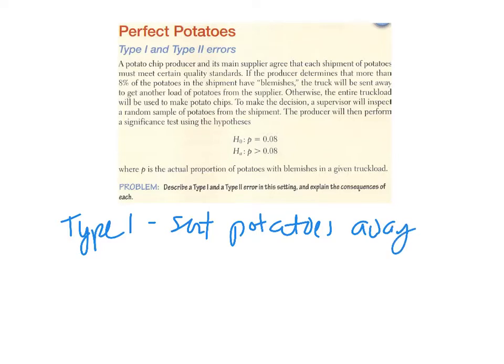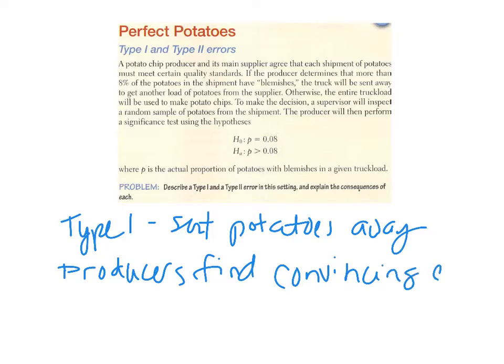Basically, if I'm rejecting the null hypothesis, I'm saying that p is greater than 0.08, and so I'm going to send those potatoes away. Okay, so if we're going to put all this in context, it would say that the producers find convincing evidence that p is greater than 0.08 because they rejected the null hypothesis, but it's really not.